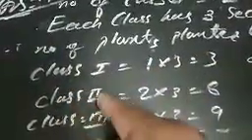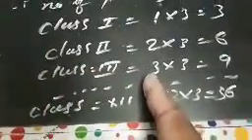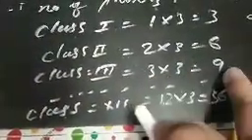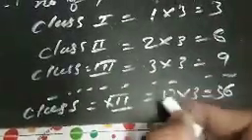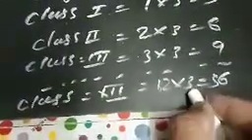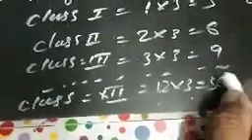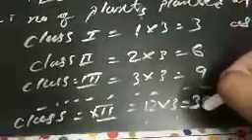Likewise class 2 plants 2 trees, so 2 times 3 is 6. Class 3 plants 3 trees and 3 sections, so 3 times 3 is 9. Up to class 12, 12 trees and 3 sections, so 12 times 3 is 36. Like that we get 3, 6, 9 up to 36.